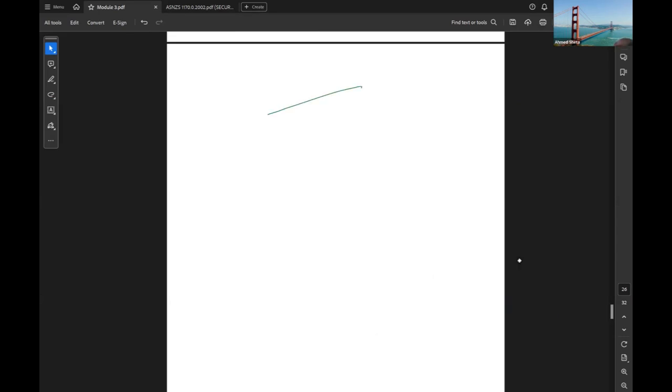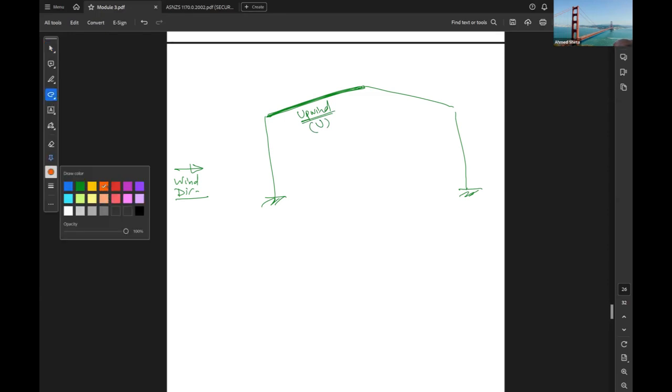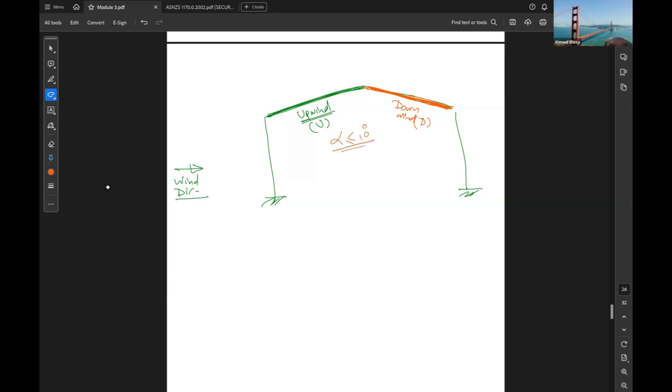So here we are dealing with the roof. If this is our building and the wind is coming from here, then the green one here is upwind, or U, and the yellow one is downwind, or D. The standard gives us, and again, alpha is less than 10.